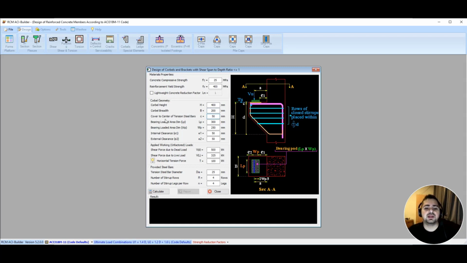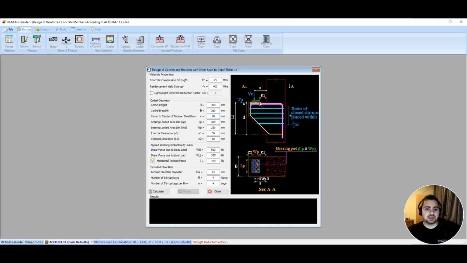Now the bearing loaded area, LP and WP. What the software is asking from us here is basically the dimensions of my steel plate. We said my steel plate is what's going to transfer my VU to my corbel, and then my corbel is going to transfer it to my columns.